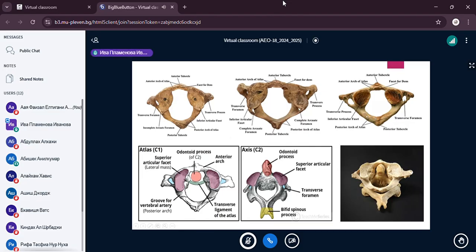On the posterior arch, we have the posterior tubercle, and of course, on the superior surface of the posterior arch, we have a groove for the vertebral artery, sulcus arteriae vertebralis. All these parts, the anterior tubercle, posterior tubercle, some articular surfaces, and so on, are for the origins or insertions of different muscles, which you will learn about next semester.